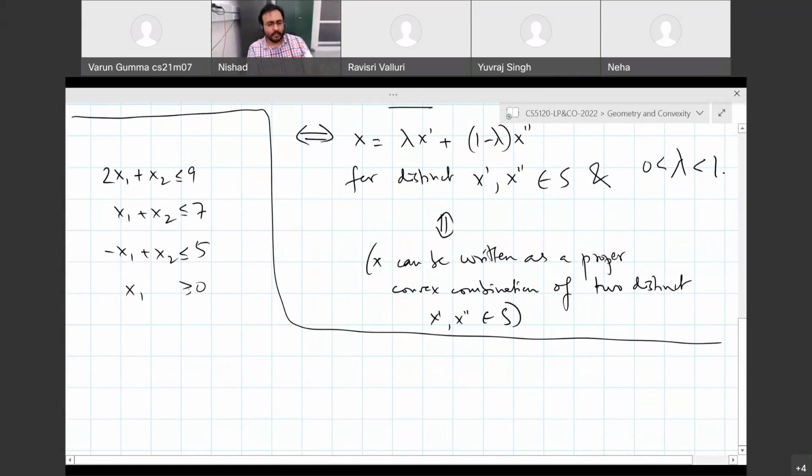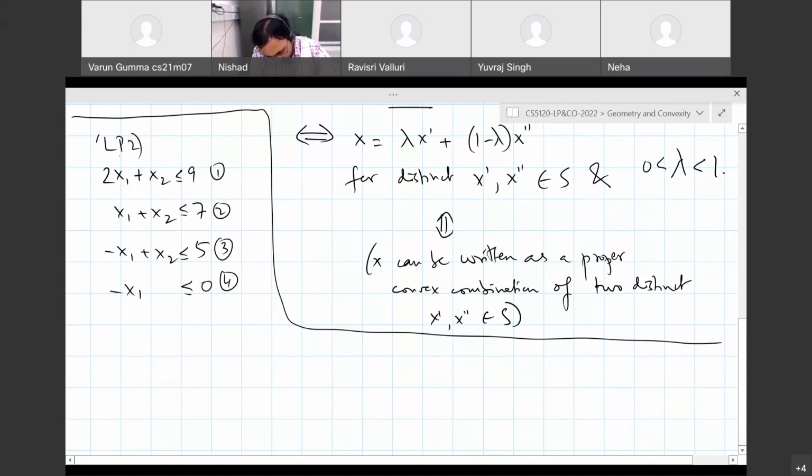Okay. For the rest of this discussion, I'm going to write down all constraints as less than equal to. So I'm going to multiply the last constraint by -1 and put it as minus x1 is less than equal to 0, right? Which is the same as what was written earlier. So if you look at these 4 constraints, these are the 4 constraints of LP2 that we were discussing earlier.